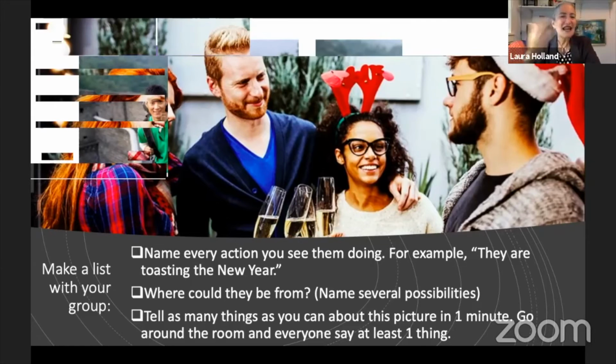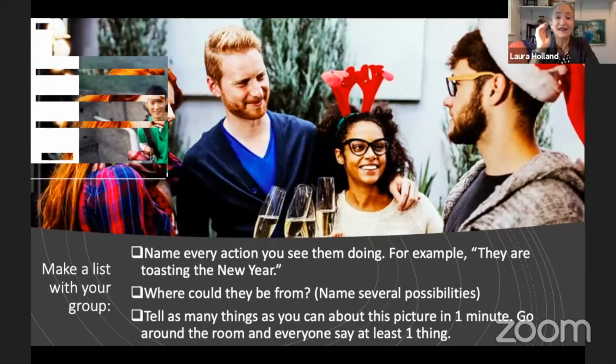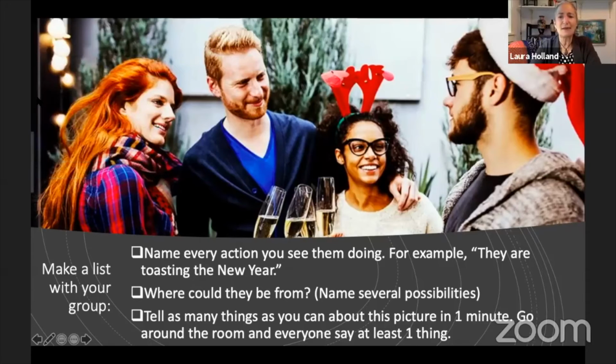And name every action you see them doing. For example, they're toasting the new year. Or where could they be from? Name several possibilities. Tell as many things as you can about this picture in 1 minute, and go around the room. So what I do is I give everybody 1 whole minute, which is a really long time if nobody's saying anything.